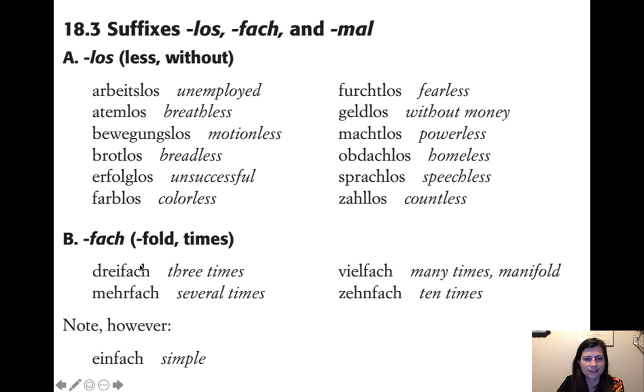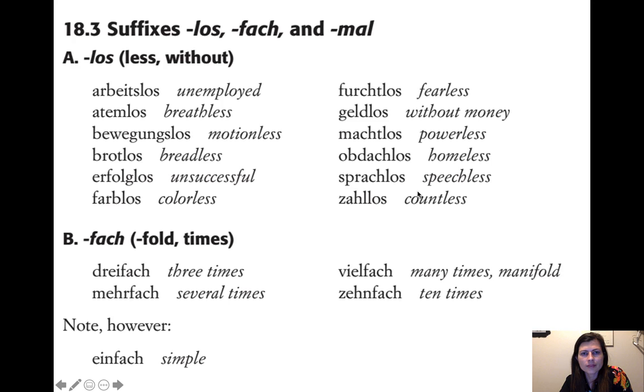Fach means a lot of things, but it can refer to folding. Something I always picture is origami where you only make one fold. So einfach really means one fold, and that would be a very simple piece of origami if you just folded something once, right? So that's einfach, but it really means simple or sometimes easy, just not too complicated.